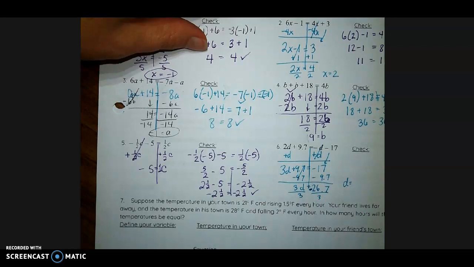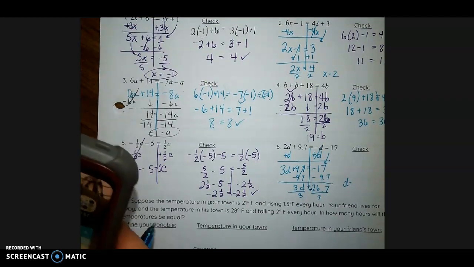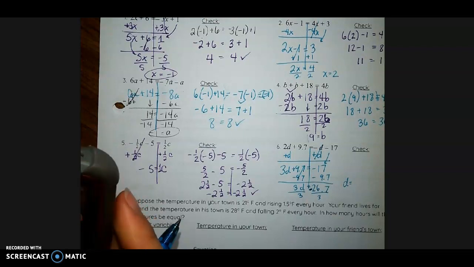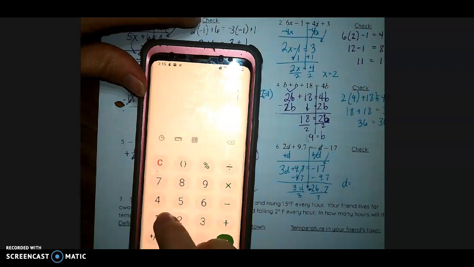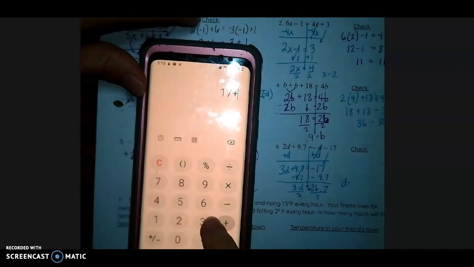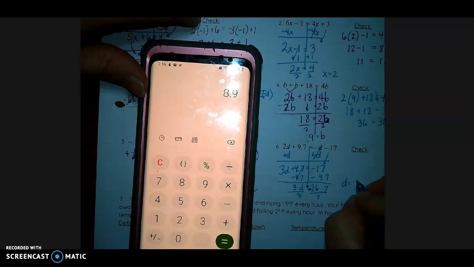So I'm getting d is equal to negative 8.9.